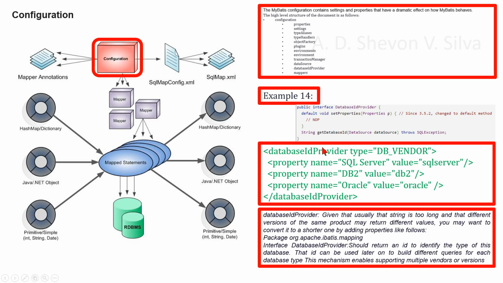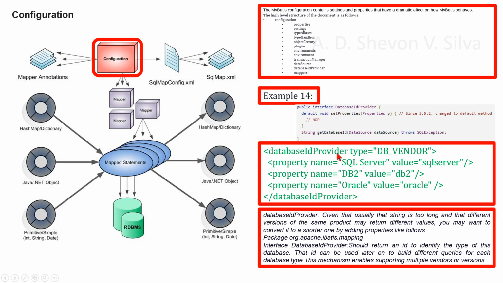In case a statement is found both with and without a databaseId, the latter will be discarded. To enable the multi-vendor support, add a databaseIdProvider to the mybatis-config.xml file as follows here.